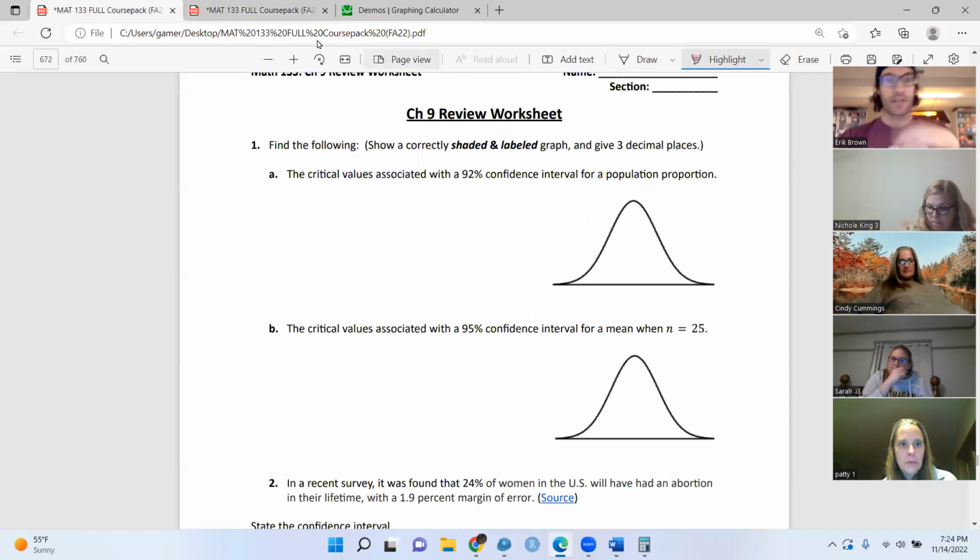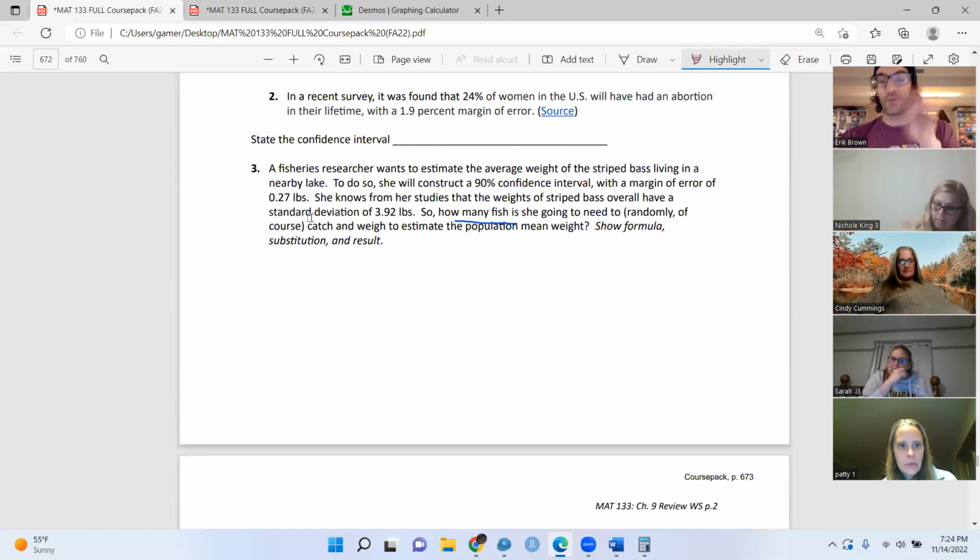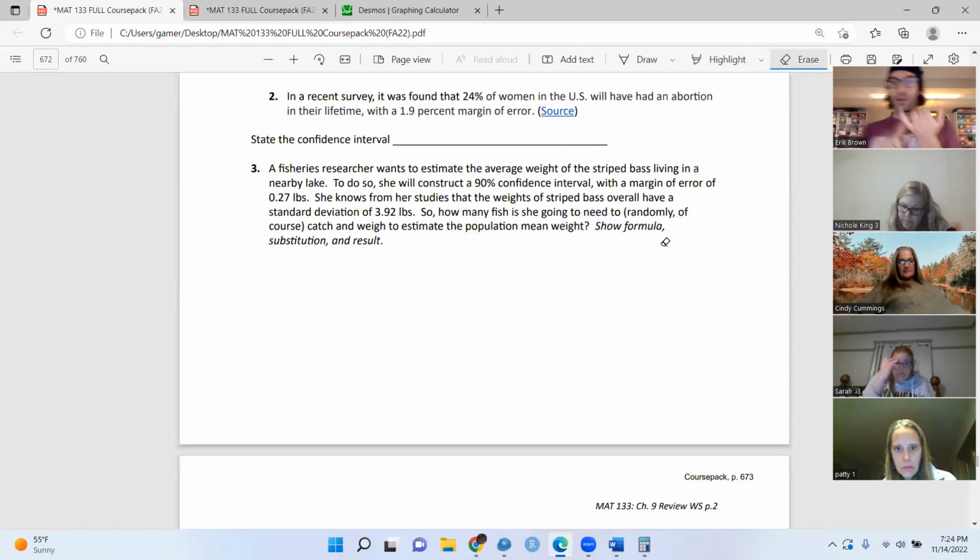Go back to Chapter 7 if you need help with that. And let's start with number 3. I'll put on the clock 5 minutes. Can you figure out what the question is and what the parameter is? If you can get those two things together, I think you can get the formula. Let's try it. Set a timer, 5 minutes.